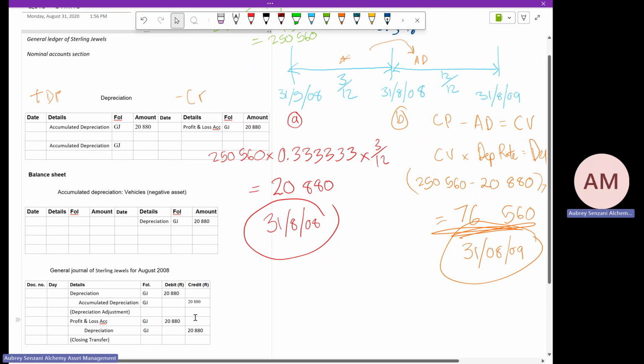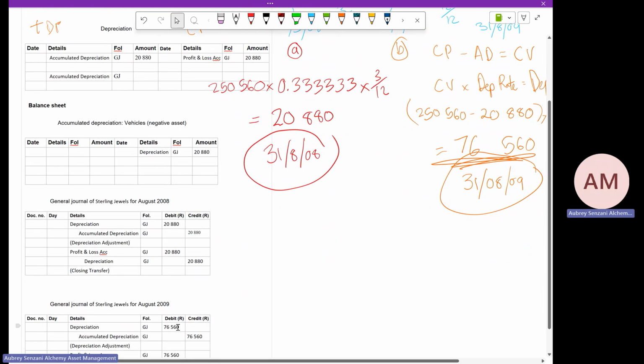Oh, we forgot to change. Oh, we did. Sorry. There we go. And then obviously this. Let's also come here. That's GJ 76560. And ladies and gentlemen, you are home and dry.